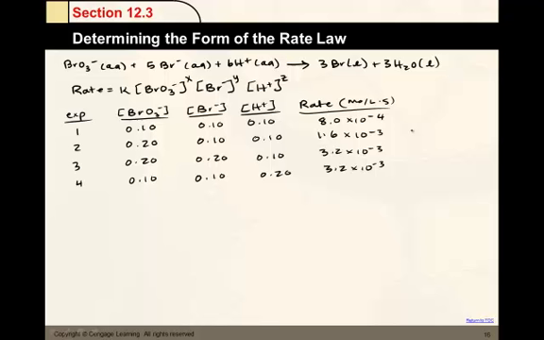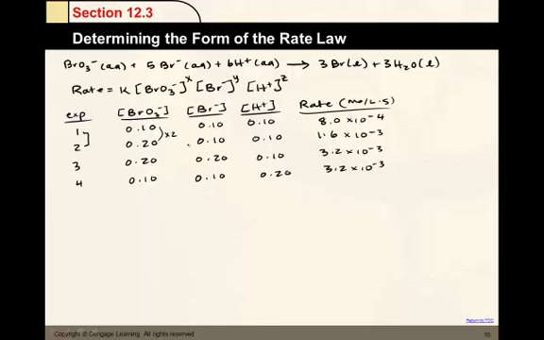So in intro, this is how we did it. We're going to look at 2 experiments, and I think the first one we're going to look at is experiment 1 and 2, because you'll notice how hydrogen stays the same, bromide ion stays the same, but the bromate ion is doubled.